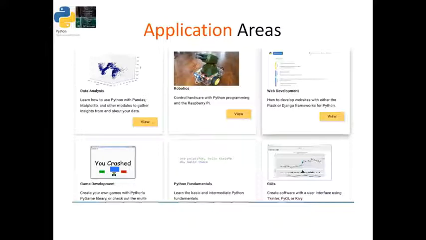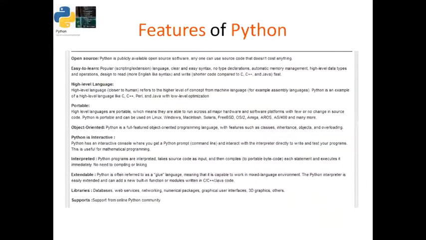Right. So coming to the features of Python, in short, we can say that it's open source, easy to learn, a high level language, no doubt, and portable. And you can say Python is interactive, because it helps us be more interactive by using the command line interface.